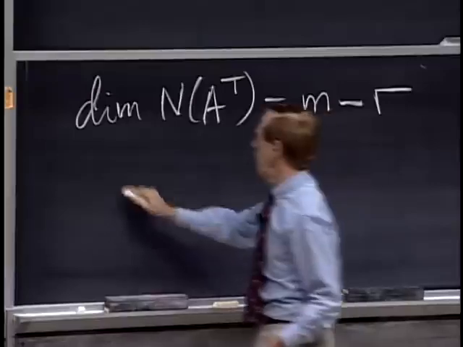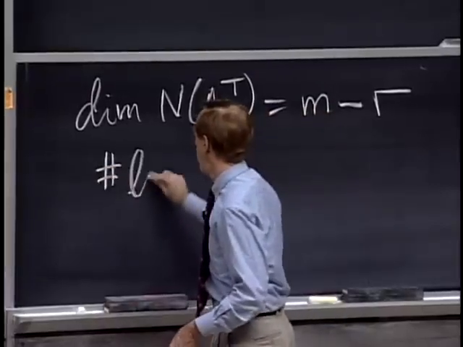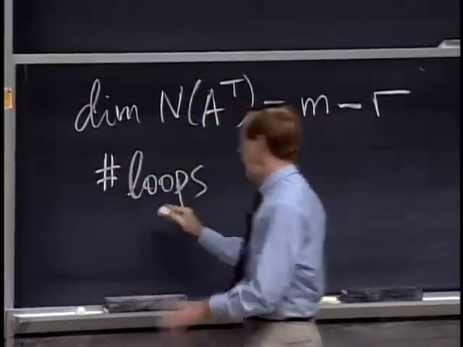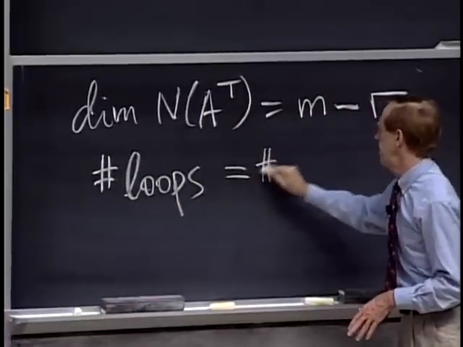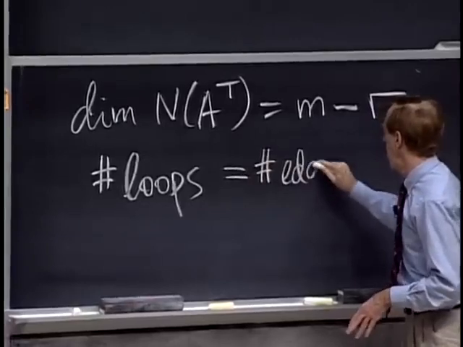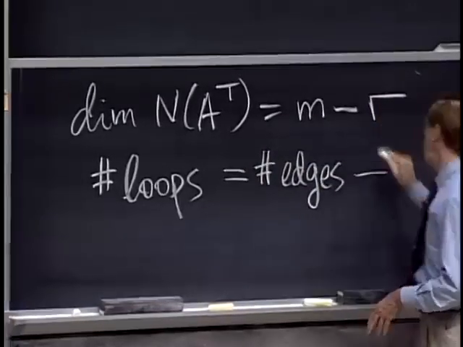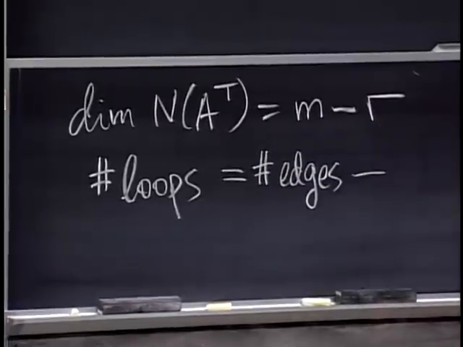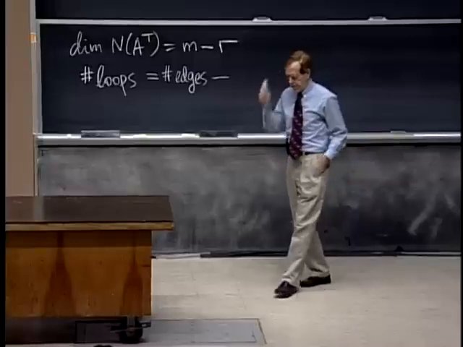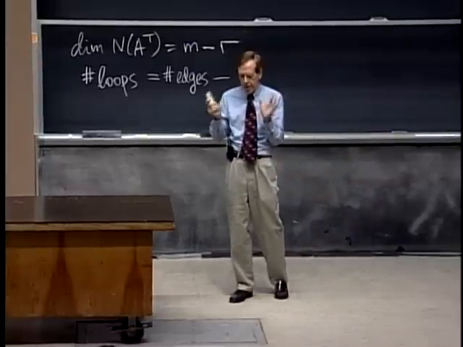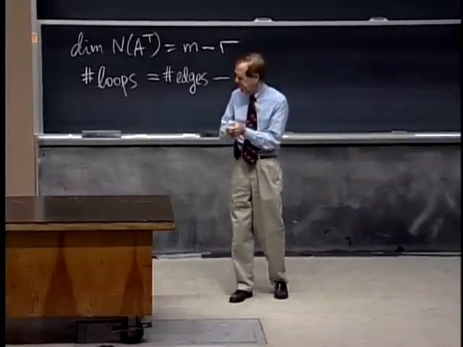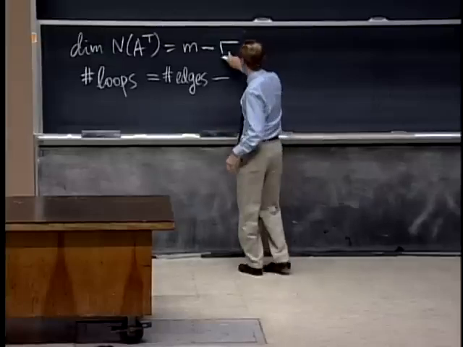This is the number of independent loops. M is the number of edges. And what is R? What is R for our matrix? We have to remember way back, the rank came from looking at the columns of our matrix. So what's the rank?